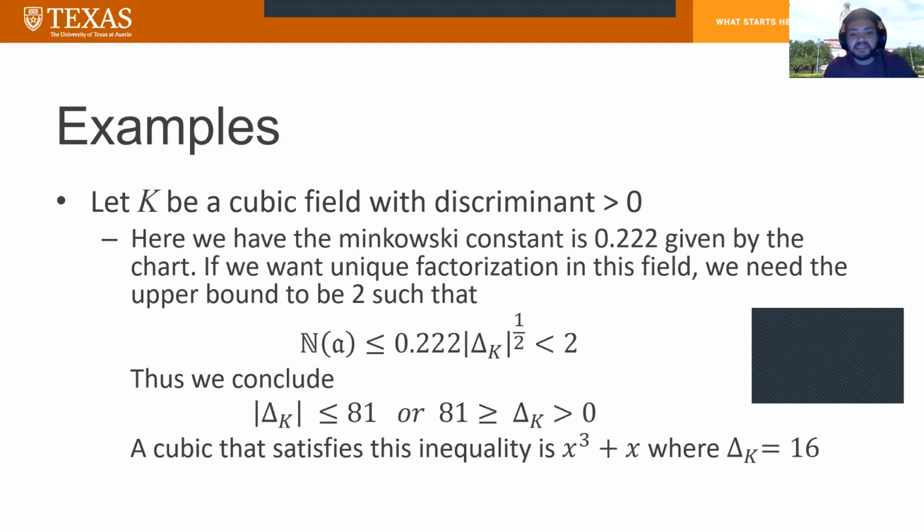Let K be a cubic field with a discriminant greater than 0. Now here we have the Minkowski constant is 0.222 given by the chart. If we want unique factorization of the field, it has to be bounded above by 2.